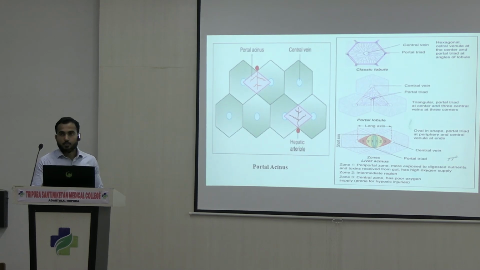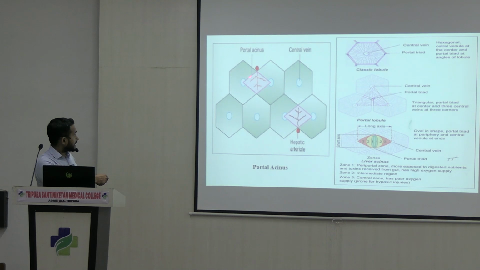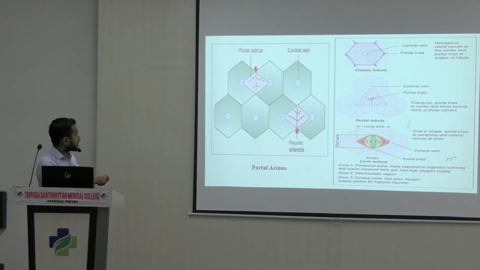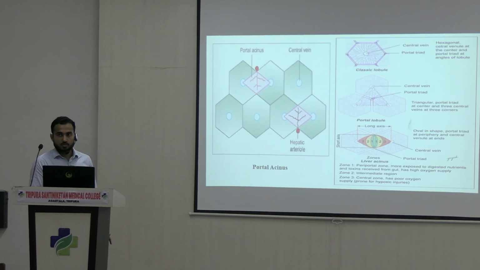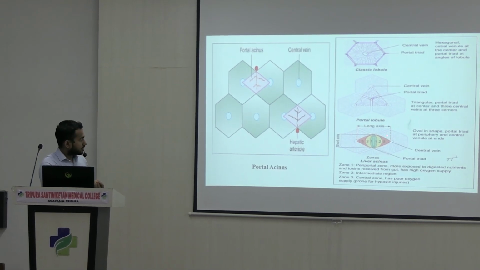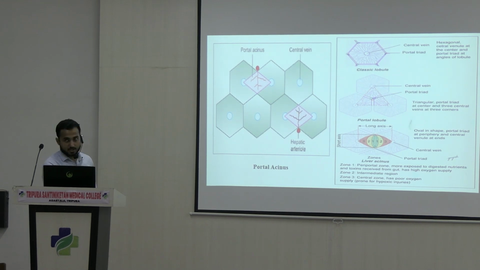Now here you can see the portal acinus. Okay, so see, this is the diamond shaped area. So this is supplied by one branch of the hepatic artery. Okay, now in this particular diagram you can see this is the long axis of the portal acinus, and here you can see this is the short axis of the portal acinus.